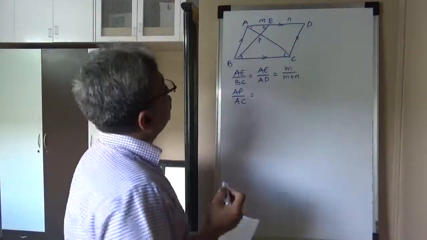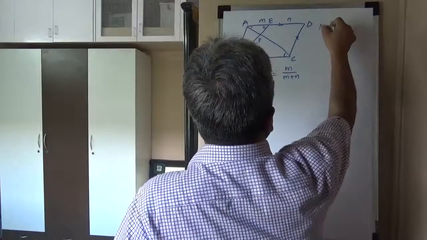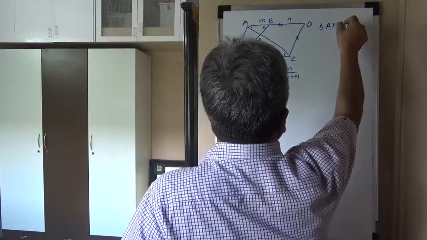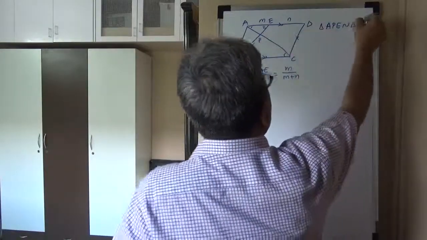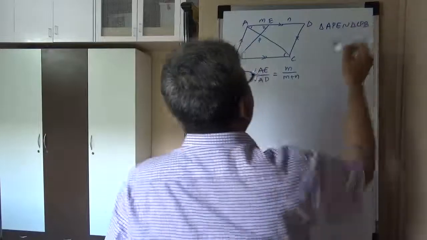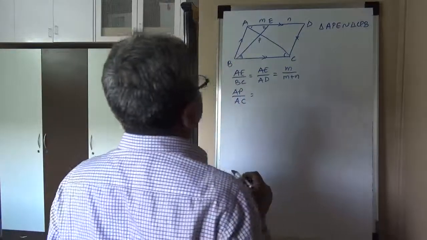For AP upon AC, triangle APE is similar to triangle CPB.